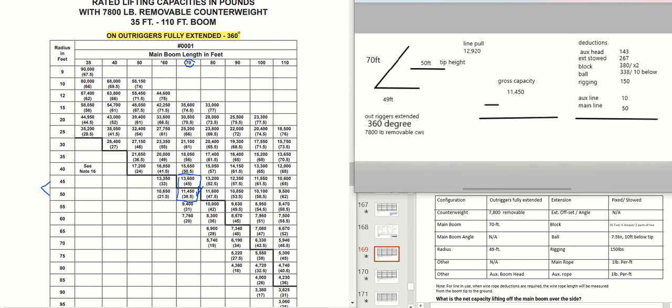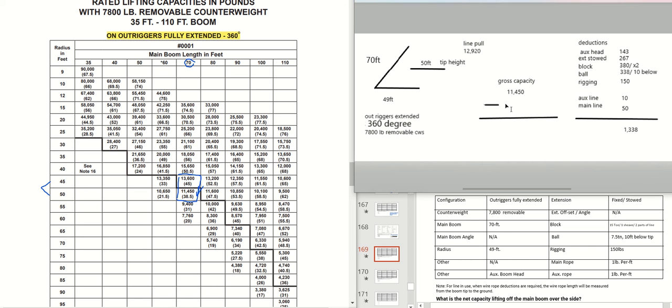So we got 143 plus 267 plus 380 plus 338 plus 150 plus 10 plus 50. That equals 1,338. That's going to be our total deductions.